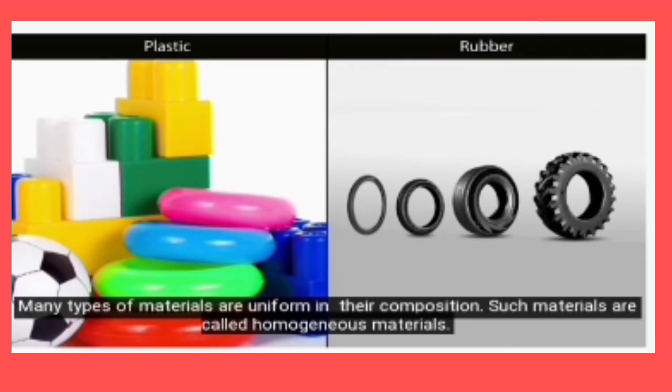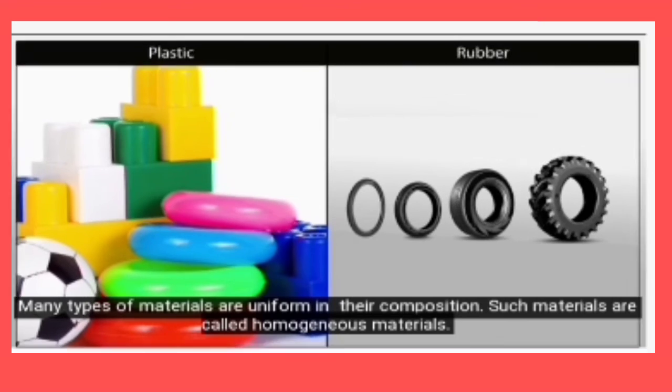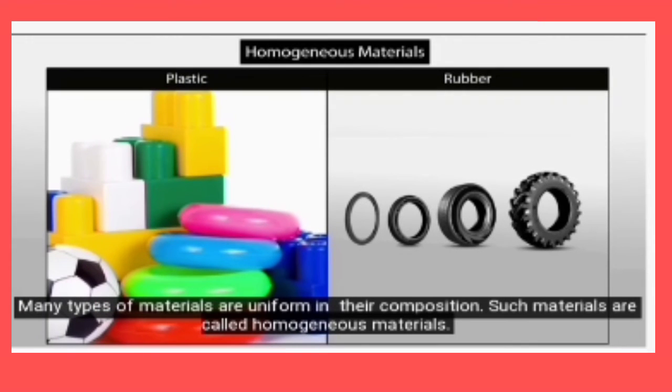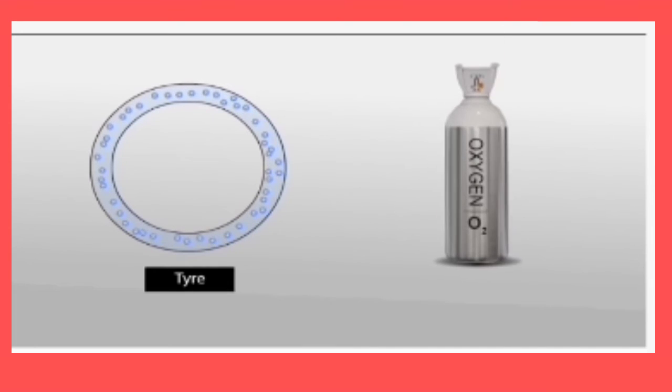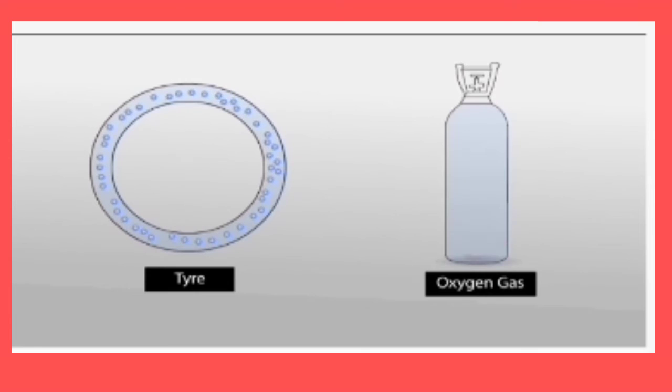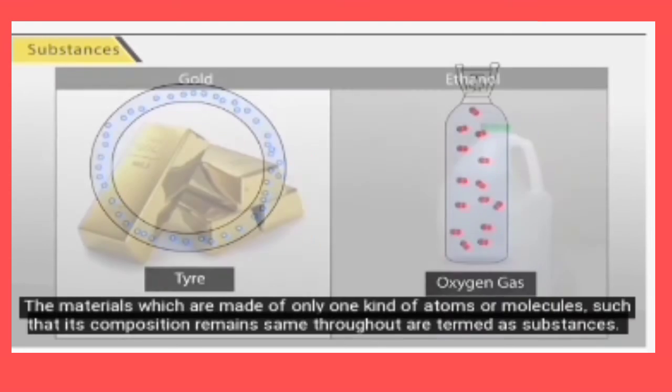Many types of materials are uniform in their composition. Such materials are called homogeneous materials. For example, the rubber used to make tires consists of only one kind of molecule, and therefore, throughout the tire, there is uniform composition. Similarly, oxygen gas contains only oxygen molecules and exists in a gaseous state throughout its composition.